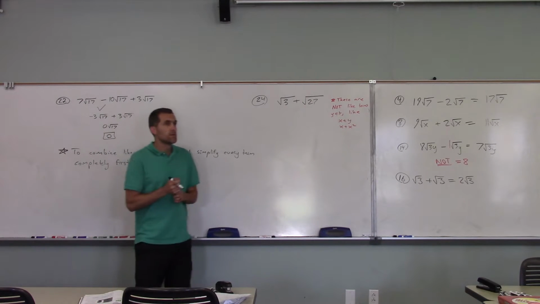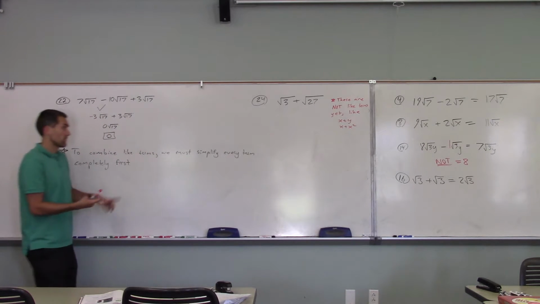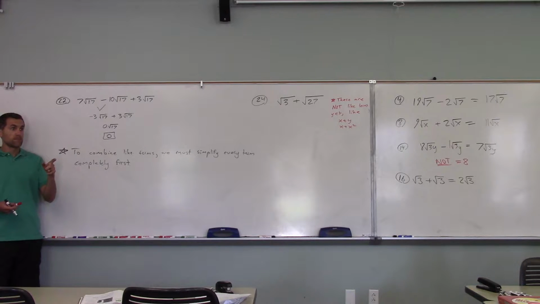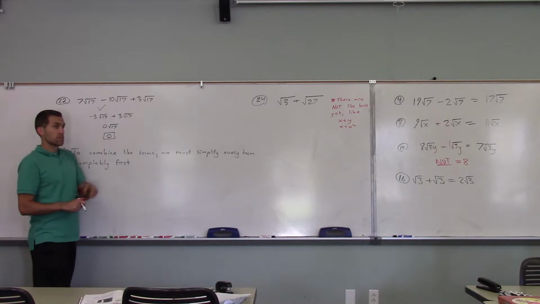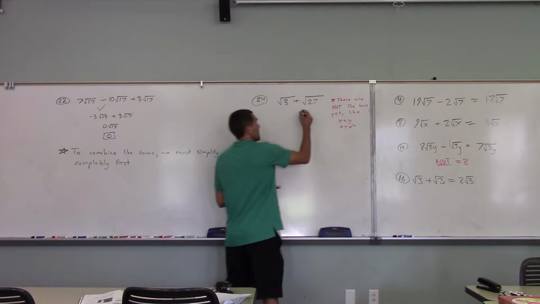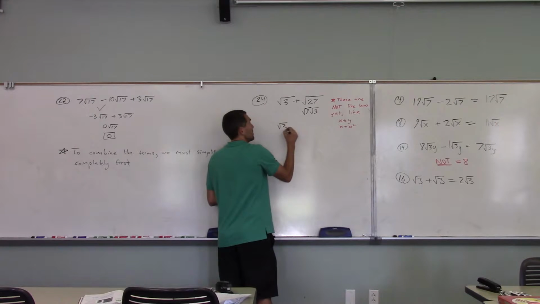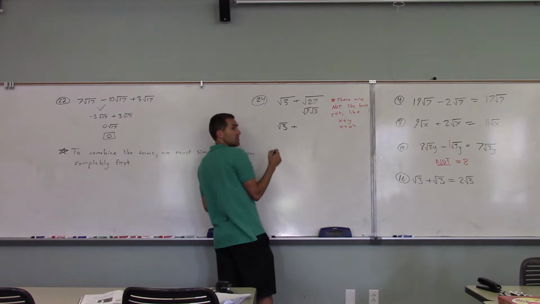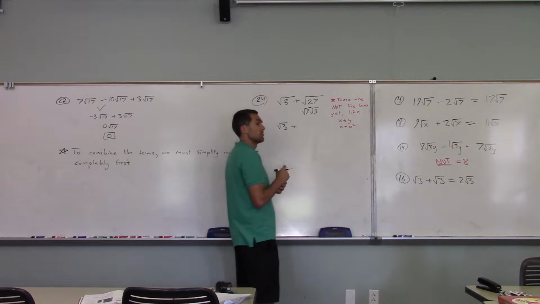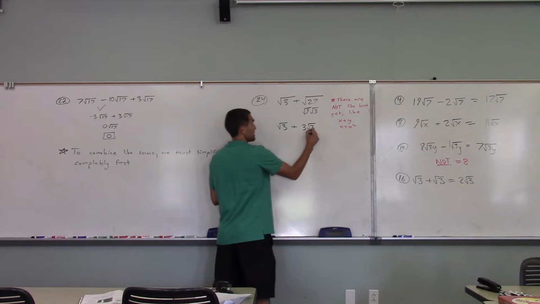Since it's addition, to combine like terms, we must first simplify every term first. Simplify the 27, 3 and 9. Exactly. And so what does it become? Root 3 plus root 9 times root 3, which is 3. Yep. 3 square root 3. There we go. Exactly.